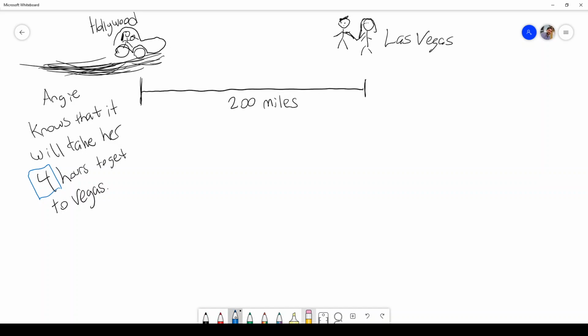Well, let's create a graph, shall we? Let's create a graph. Oh, you know what? I want you guys to see this, so I might have to move the graph over. Let's create it right here.